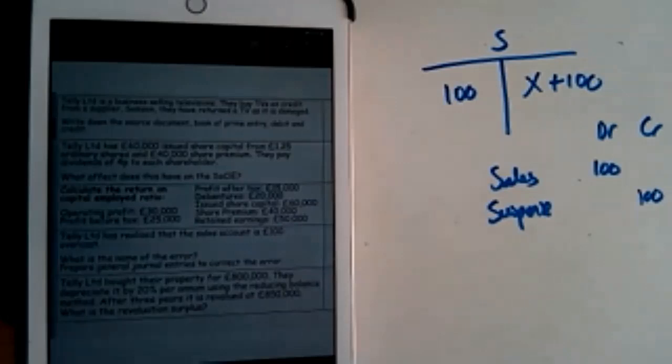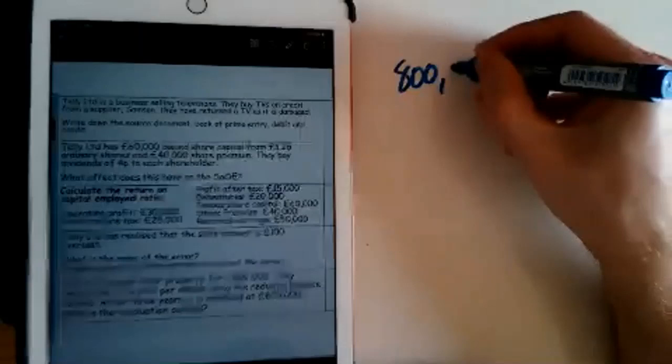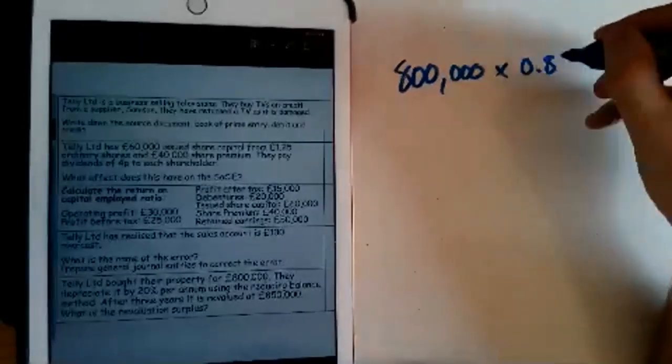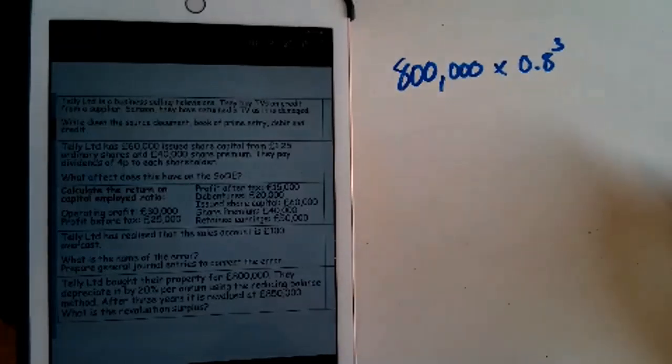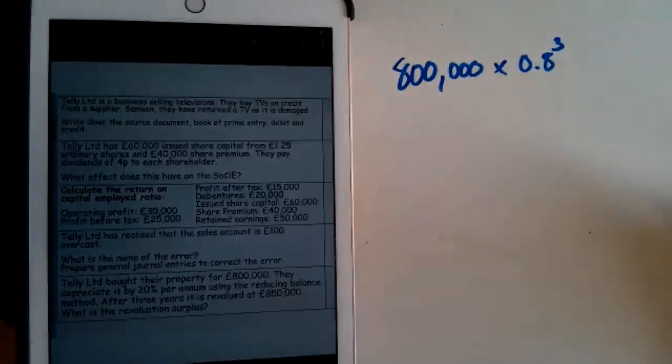And last one. Telly Limited bought their property for £800,000. They depreciated by 20% per annum using the reducing balance method. After 3 years, it is revalued at £850,000. What was its revaluation surplus? So get the net book value after 3 years, times by 0.8 to the power 3, or you could work out the depreciation each year by times by 20%, take it away, times by 20%, take it away, times by 20%, take it away.